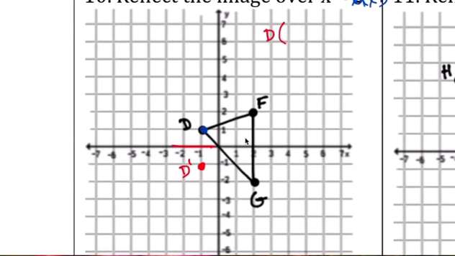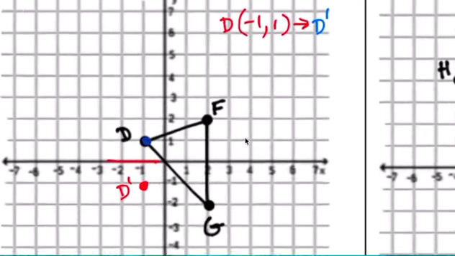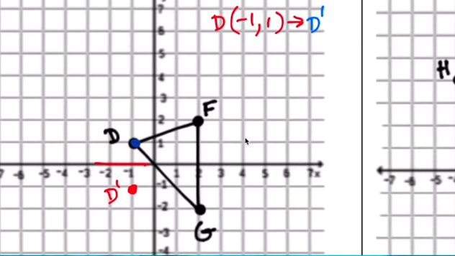Now D is -1, 1, and D prime is -1, and a 1 is positive.